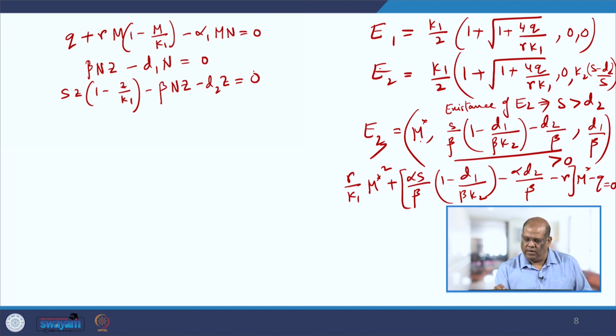So, this value of m star can be obtained from this equation, and these two are the other two values.